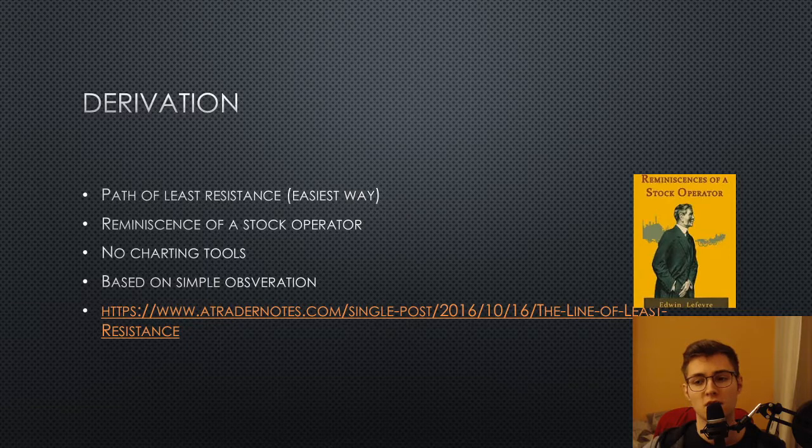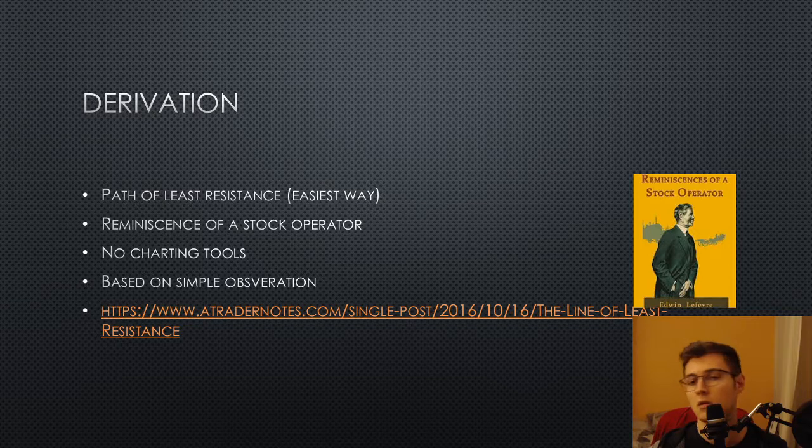So, starting with the derivation, the path of least resistance, as is the usual term in the English language, is basically the easiest way. The easiest way to get over a problem, to find a solution.